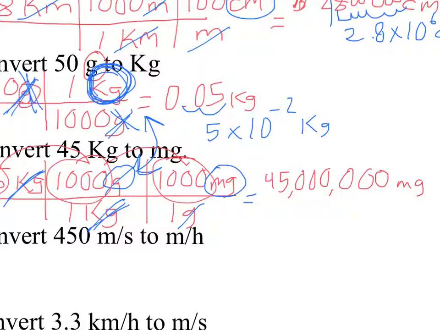But 45 million milligrams is kind of an unmanageable number. So let's convert it to scientific notation. We'll start with our assumed decimal point and count 1, 2, 3, 4, 5, 6, 7, so that our decimal point will be right there. We end up with 4.5 times 10 to the 7th milligrams.